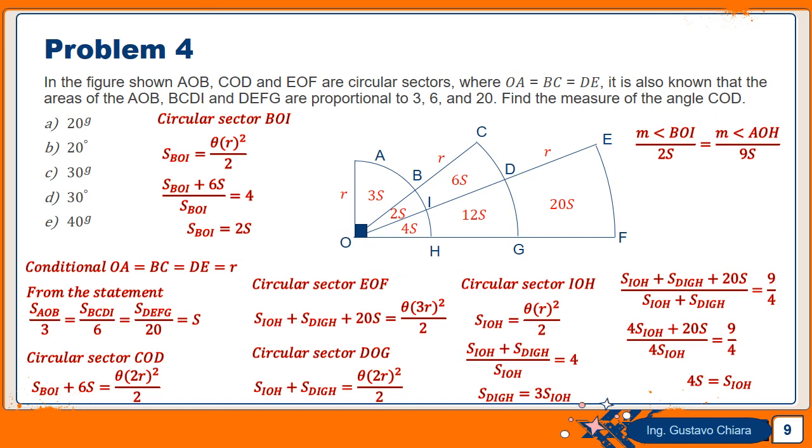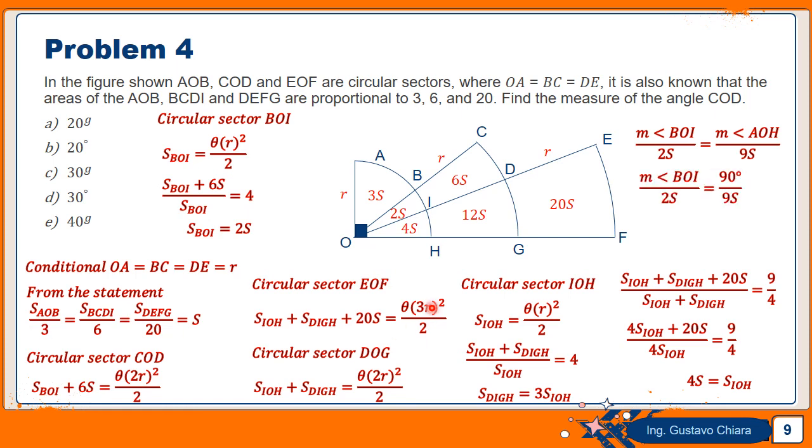well, using a ratio, the measure of the angle BOI, that is equal to the angle COD, divided by 2S is equal to the measure of the angle AOH divided by 3 plus 2 plus 4, and that is 9S.